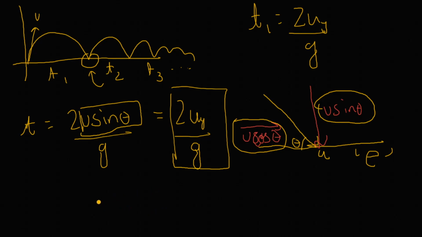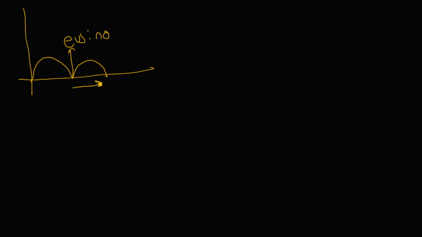After collision, the velocity of rebound is going to be e times the incoming velocity, which is e u sine theta. It rebounds back upwards with e u sine theta, but its horizontal velocity remains constant, u cos theta.